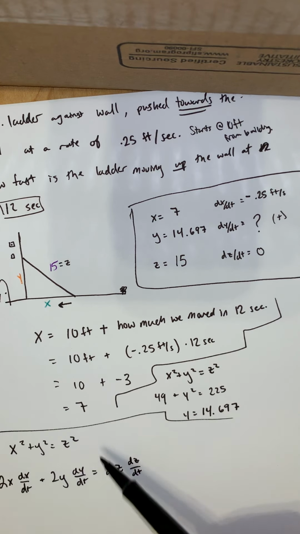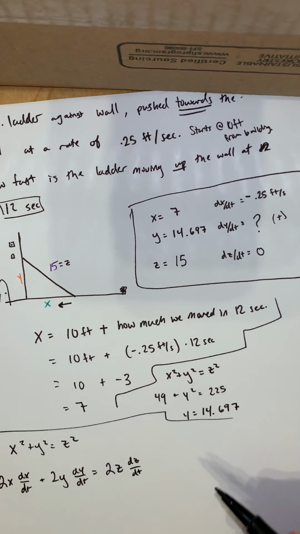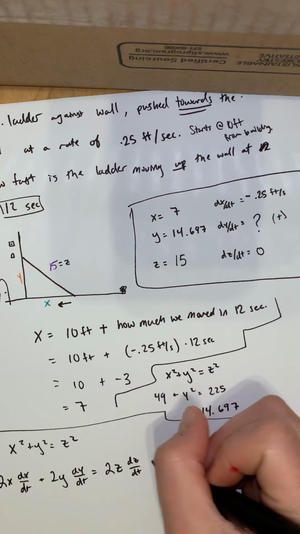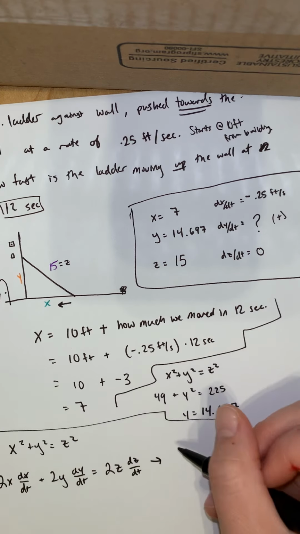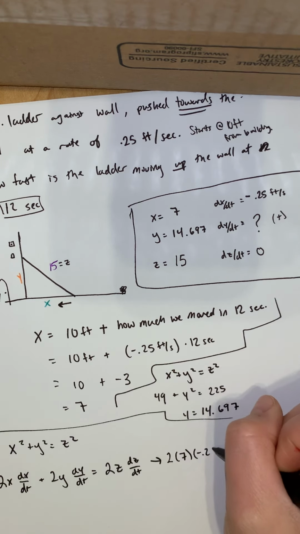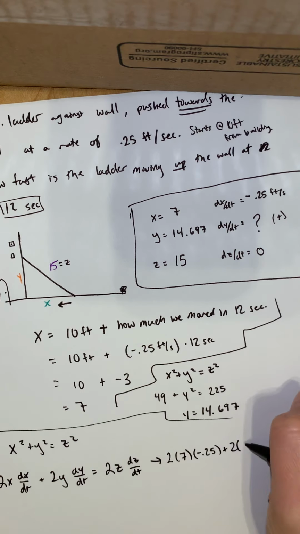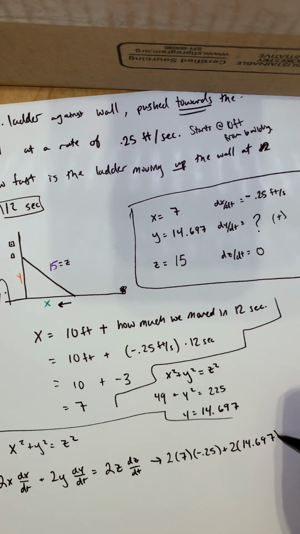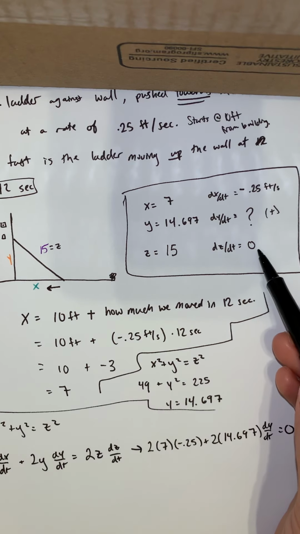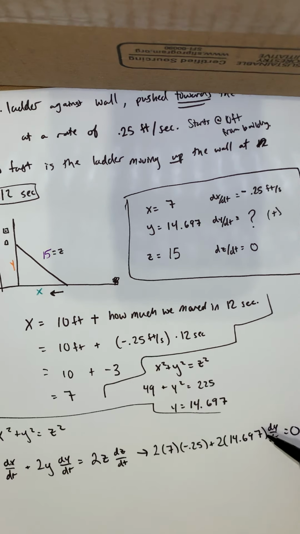All of these x, y, and z points are subject to time. Don't plug in values until this step. But now that we're here, I can plug some things in. So I get 2 times 7 times negative 0.25 plus 2 times 14.697 dy/dt equals 0. Again, I plug in this 0 up here, and that last term zeroes out.